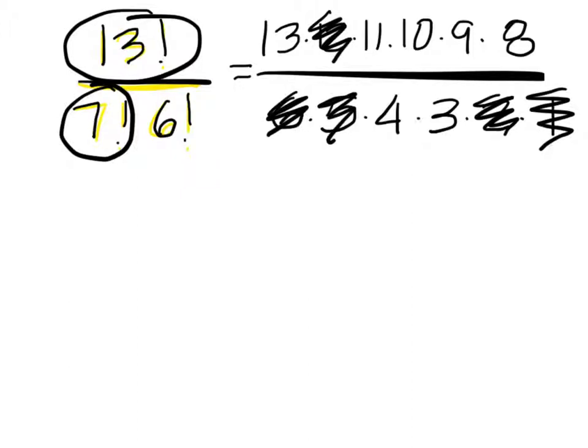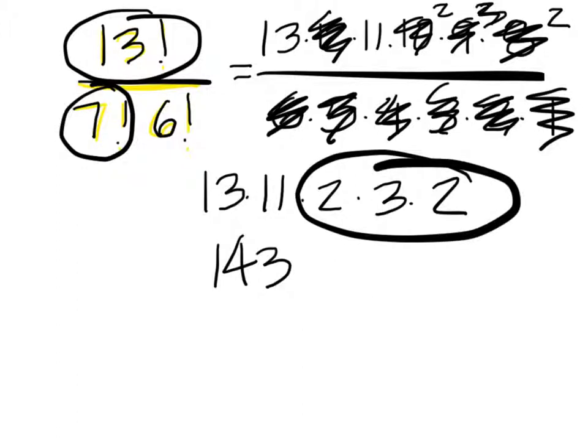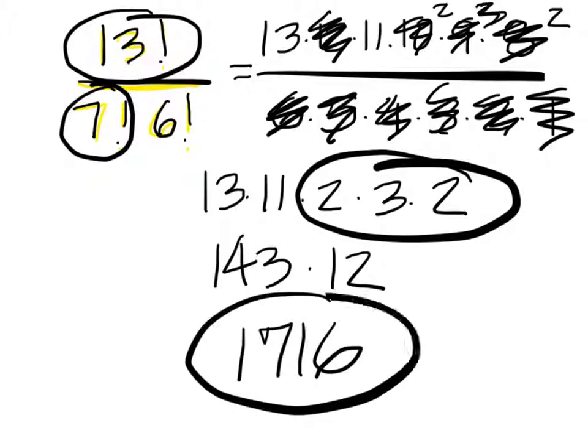We can cancel 10 over 5 to get a 2 and 9 over 3 to get a 3. 8 over 4 to get a 2, and be left with 13 times 11 times 2 times 3 times 2. Well, 13 times 11 is going to be 143, and then this over here is going to be a 12. So we have to multiply 143 by 12 to come up with 1,716.